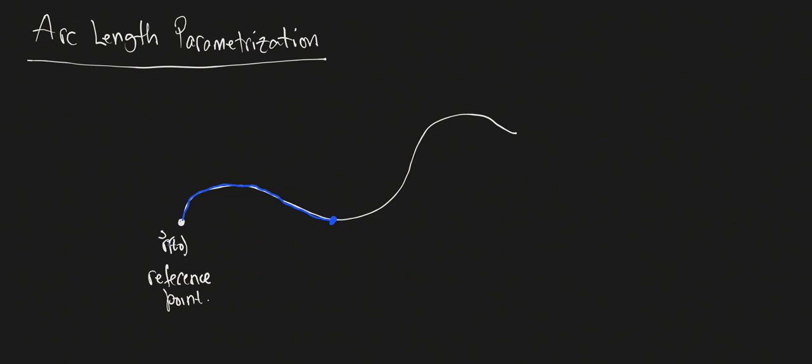Now, one of the main reasons we use t as our parameter is that we can interpret r of t as the position of the object at time t.